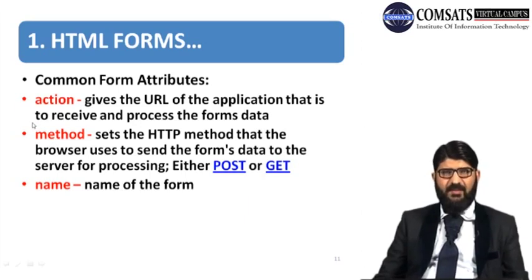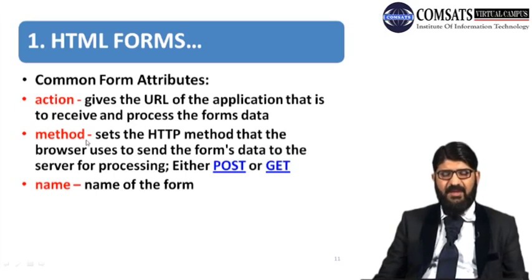The second one is method. The method sets the HTTP method that the browser uses to send the form data to the server for processing. So HTTP method uses the form data and sends it to the server for processing.